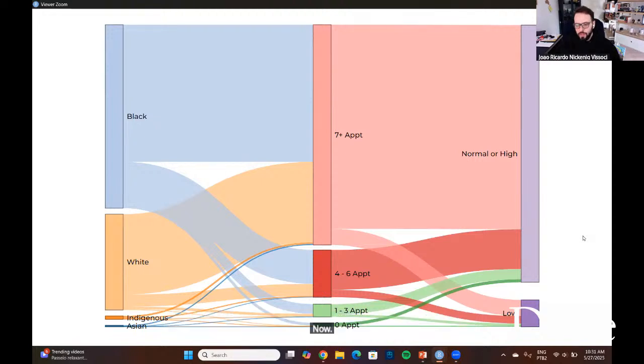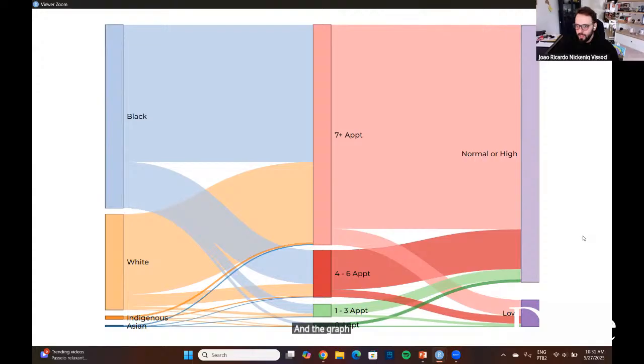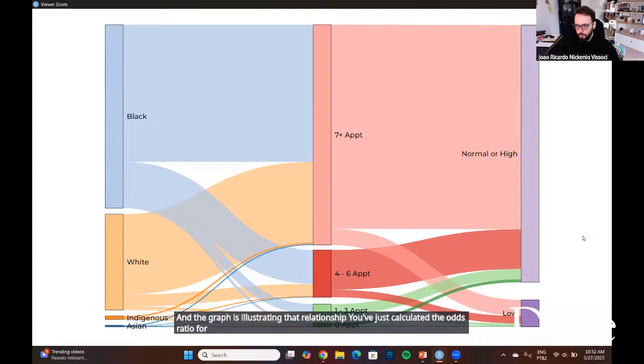Now, nothing stops you from adding the odds ratio of the relationship here in each of the buckets if you want to bring in more evidence to the graph. And the graph is illustrating that relationship you've just calculated the odds ratio for in a more unbiased way.